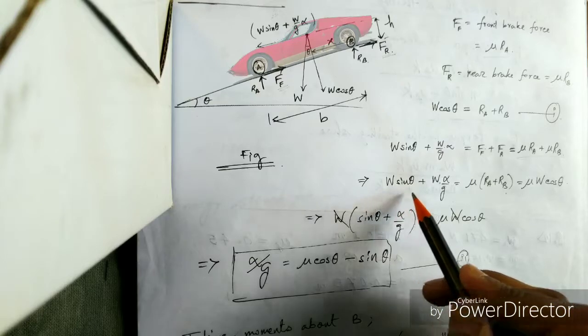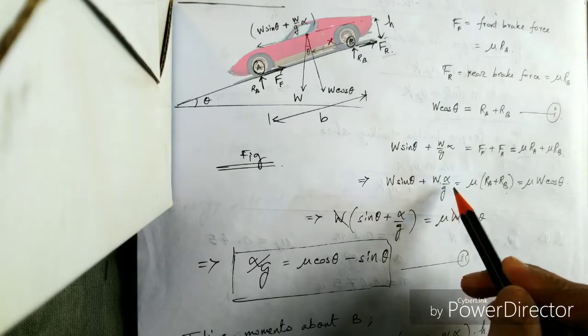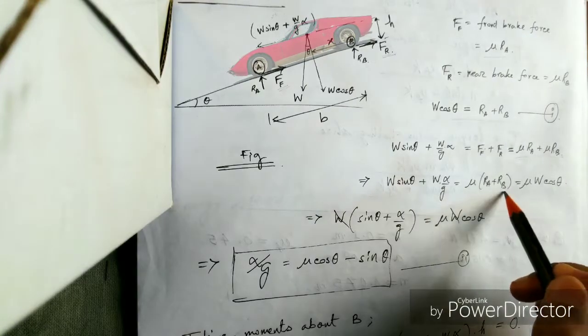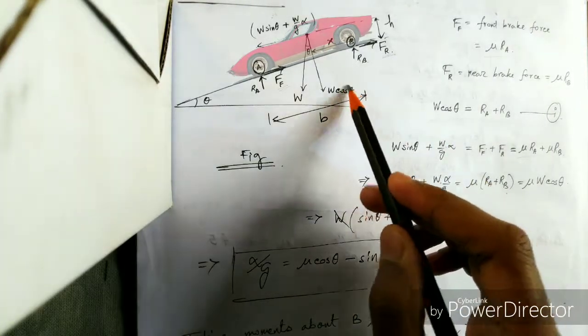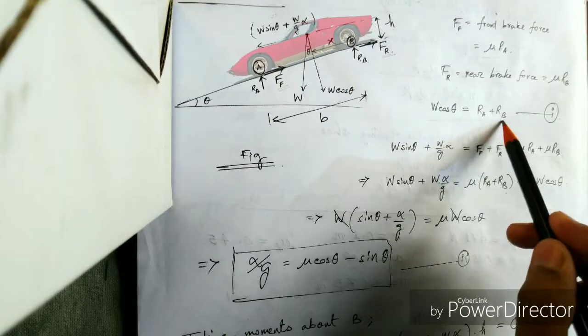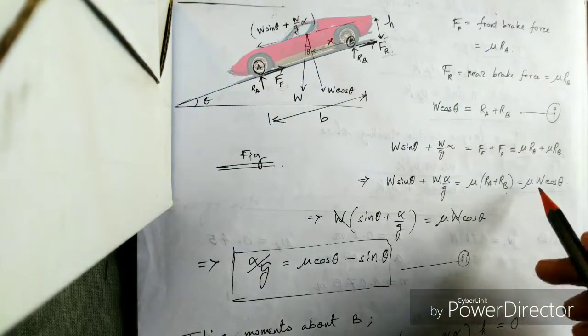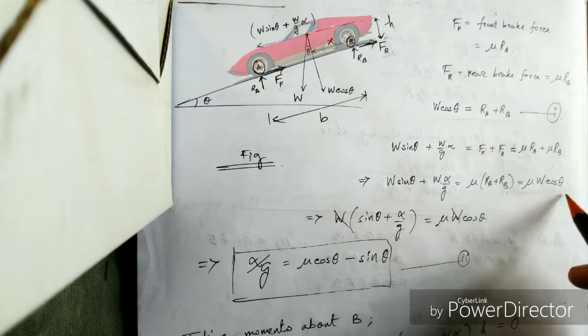Now look here, W sin theta plus W into alpha by g equals mu times RA plus RB. RA plus RB equals W cos theta from equation 1, so we just put that in. It will be mu into W cos theta.